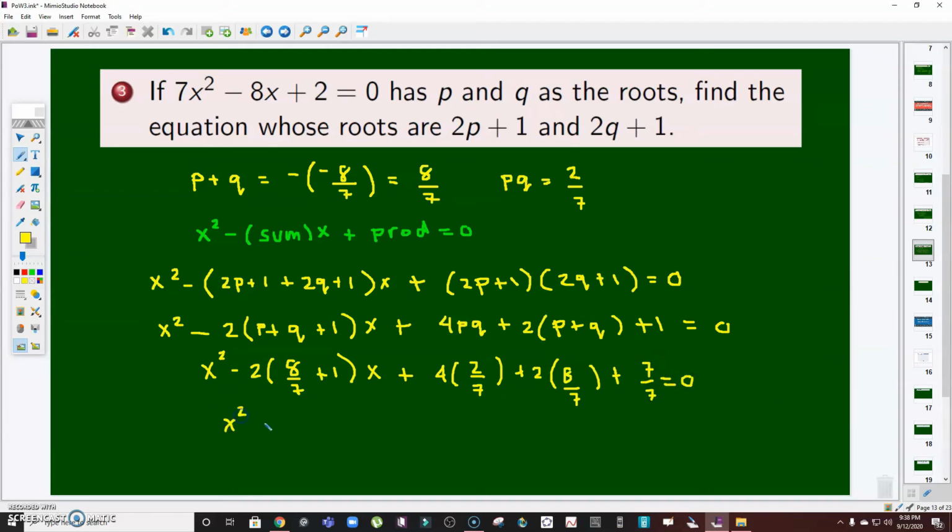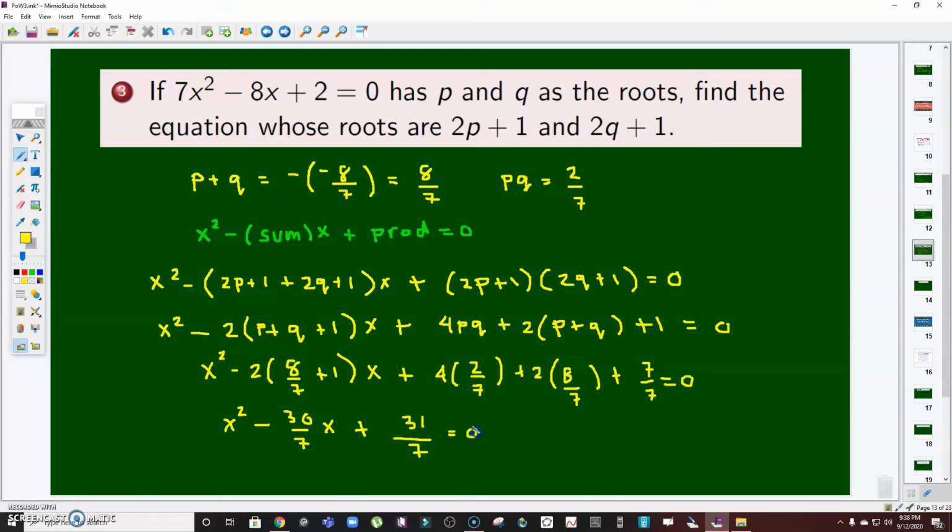Then simplify. So, x squared minus 8 over 7 plus 1 is 15 over 7, times 2, negative 30 over 7, times x. Plus, take note, over 7: this is 8 plus 16, that's 24, plus 7, that's 31.